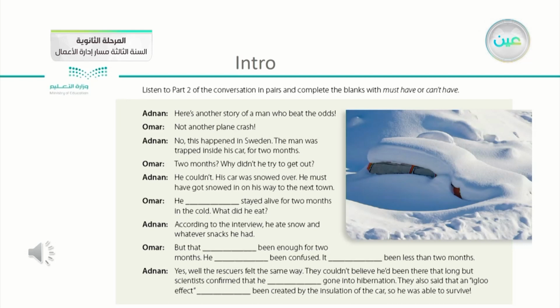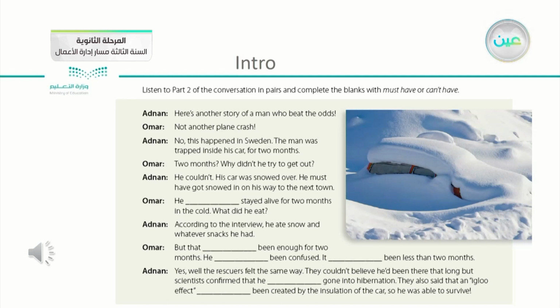According to the interview, he ate snow and whatever snacks he had. But that can't have been enough for 2 months. He must have been confused. It must have been less than 2 months. Yes, well, the rescuers felt the same way. They couldn't believe he'd been there that long, but scientists confirmed that he must have gone into hibernation. They also said that an igloo effect must have been created by the insulation of the car, so he was able to survive.